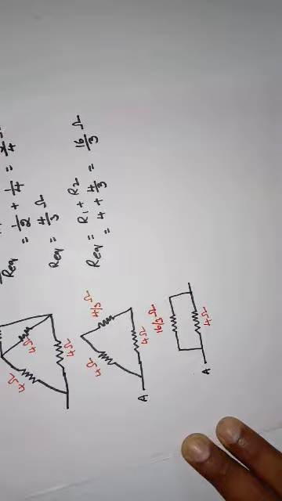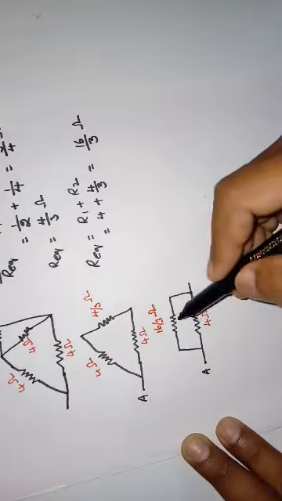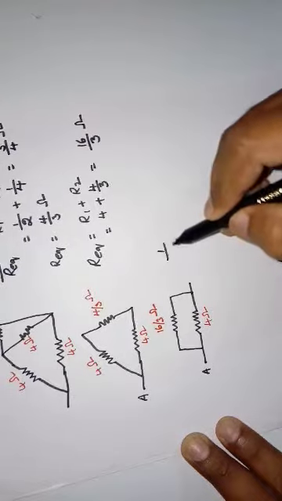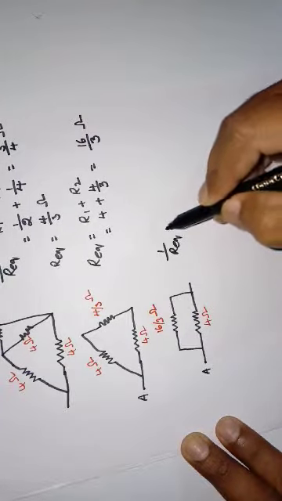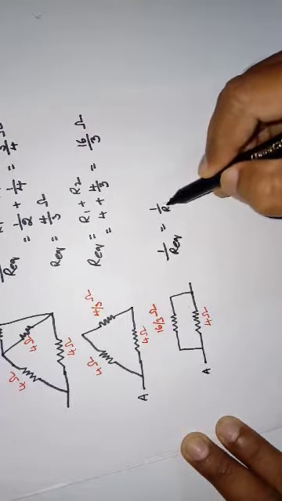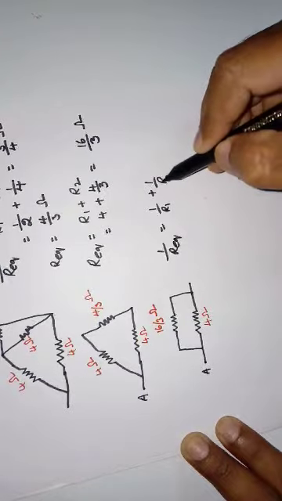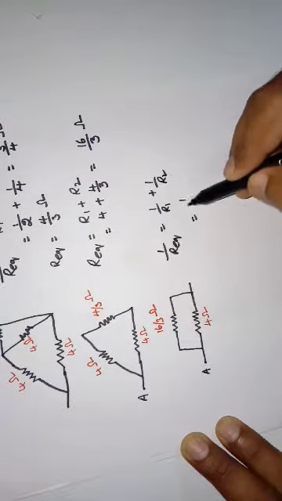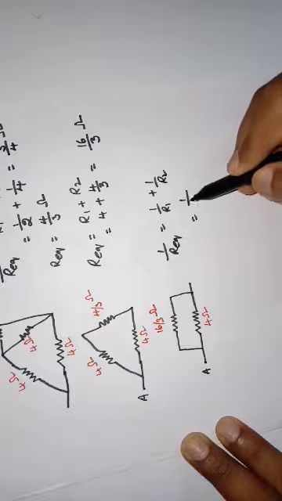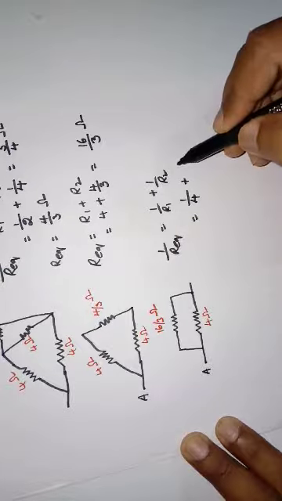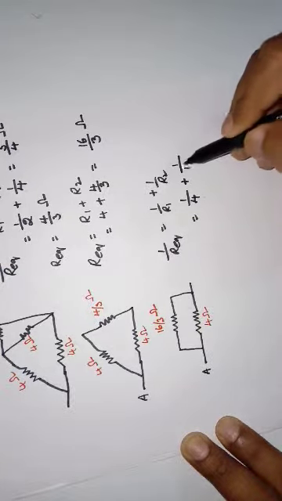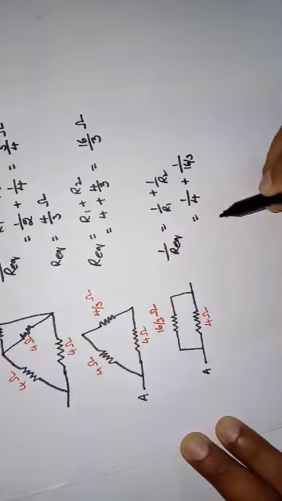Now if we observe this circuit, these two resistors are in parallel connection, and if we find the equivalent resistance of the parallel connection, it will become 1 by 4 plus 1 by 16 by 3.